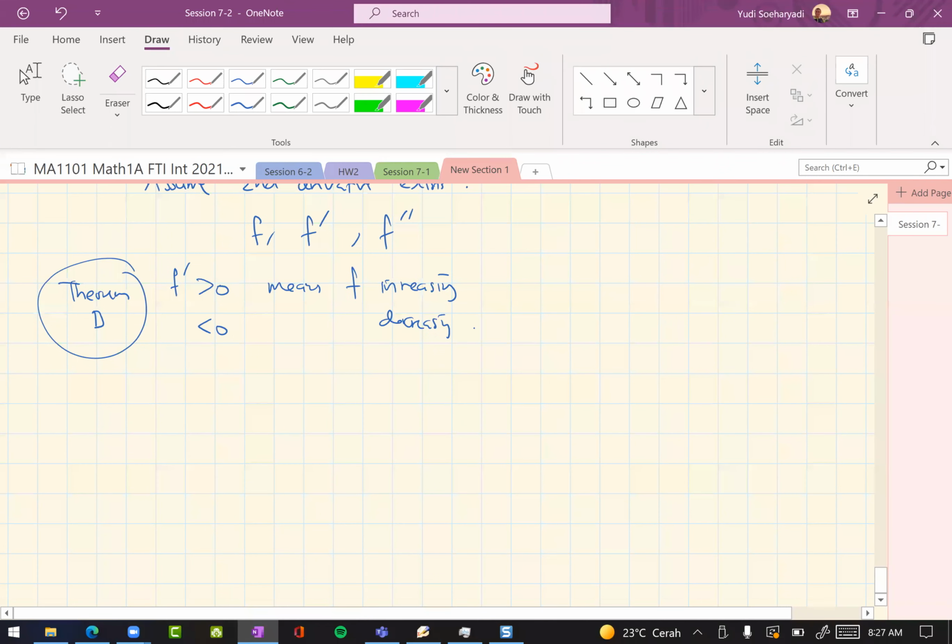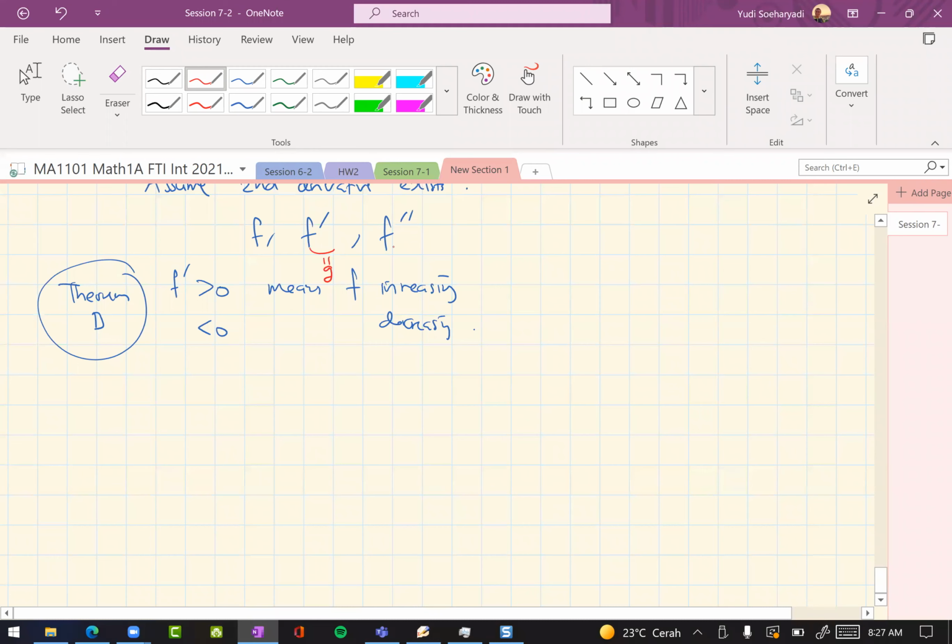So let's say this is a function g. So the second derivative is actually the derivative of g. Okay. So the same thing with g. If g prime is positive, it means g is increasing.